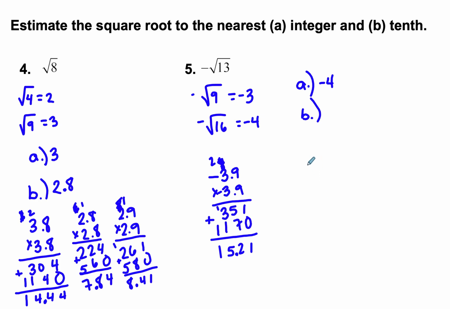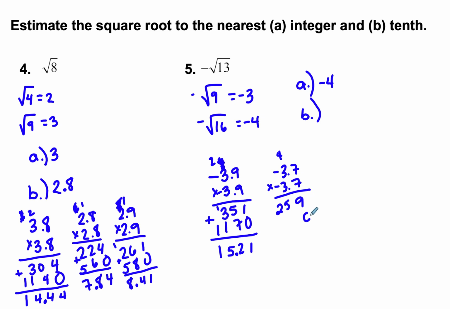So now I'm going to guess again. Maybe I'll do 3 7/10 this time. Negative 3 7/10 times negative 3 7/10. 7 times 7 is 49. All right, let's see. 7 times 3 is 21, plus 4 is 25.